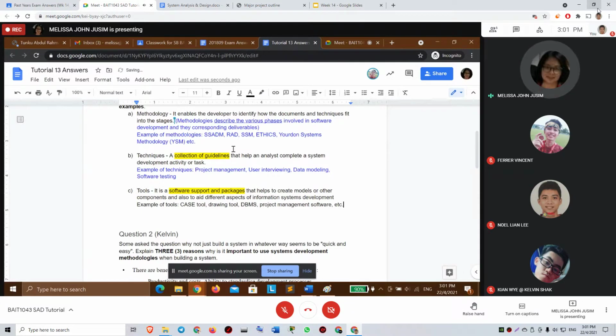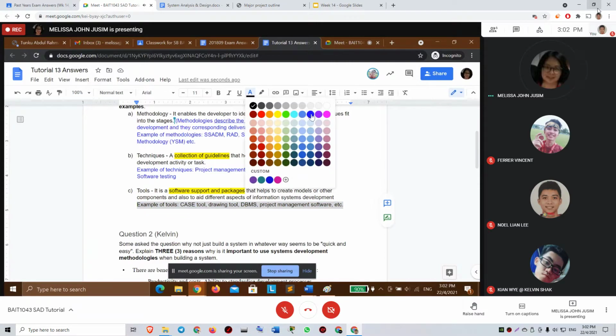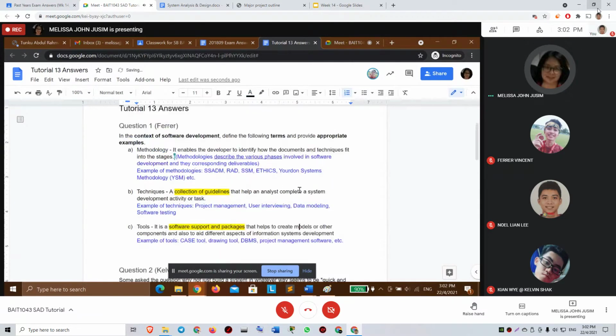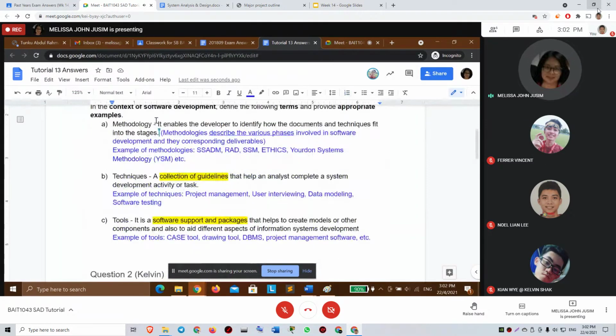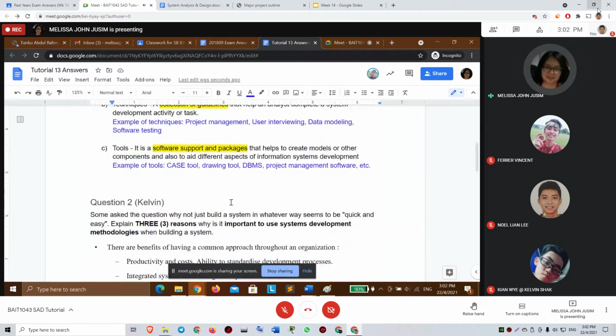Okay, so these are the examples of software support and packages that will help an SA. So is this clear, Farah? Yeah, clear. So you need to know what's the difference between methodology, techniques, and tools.